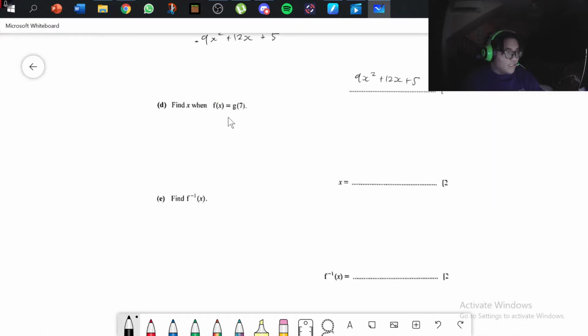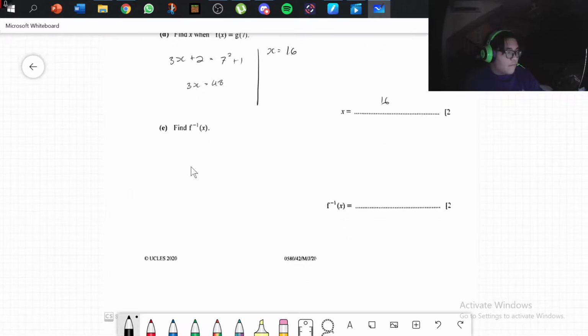After that, find x when f(x) is equal to g(7). So 3x plus 2 is equal to 7 squared plus 1. After making 3x the subject, 7 squared plus 1 minus 2 becomes 48. Divide 48 by 3, so x equals 16.